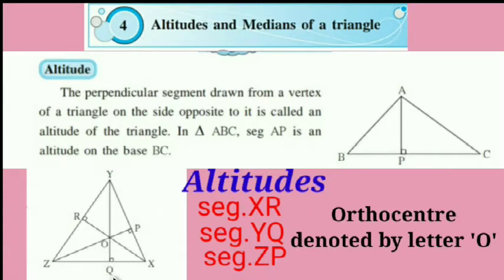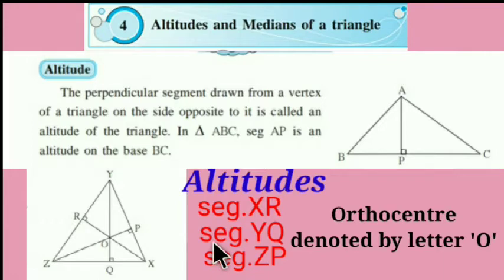Then the next figure, triangle XYZ. Let's see the first, that is seg XR drawn to the base YZ from the opposite vertex X. Hence XR is the altitude on base YZ, and this is the first altitude.